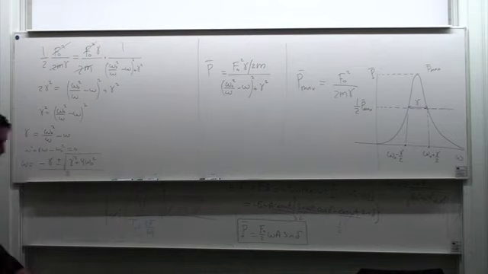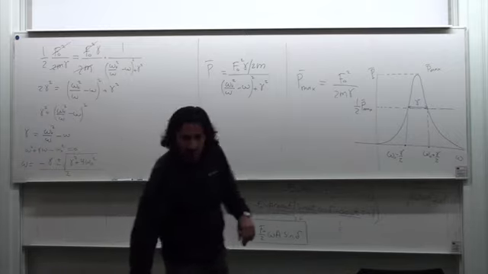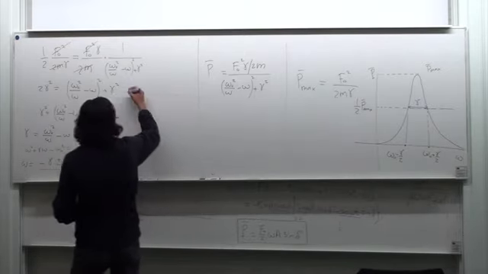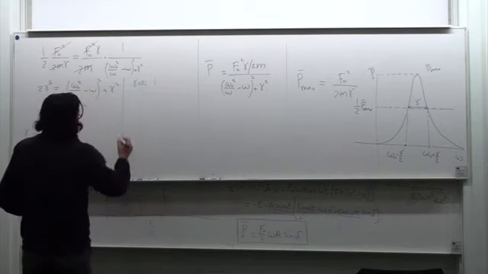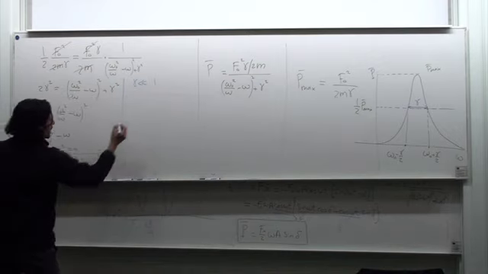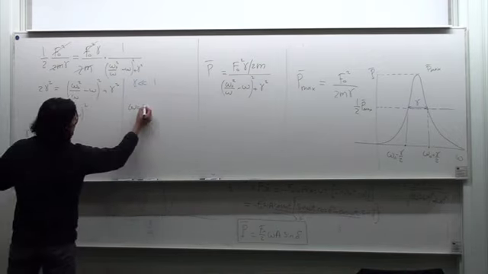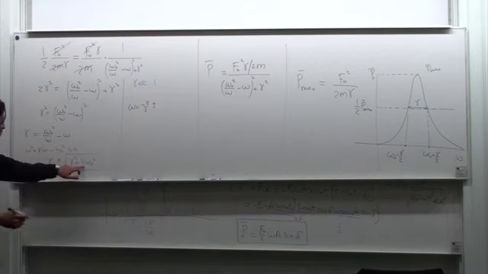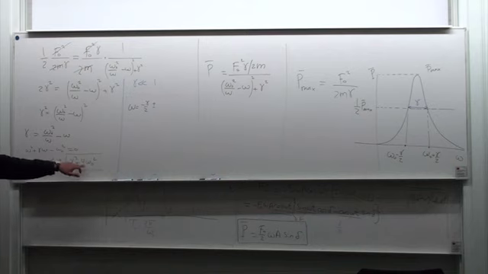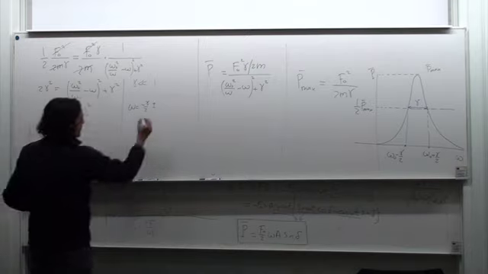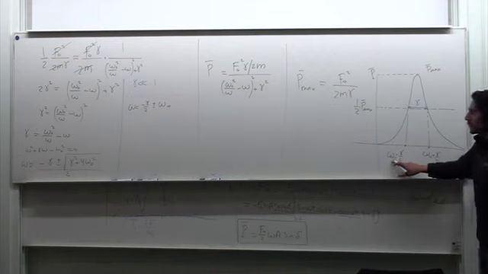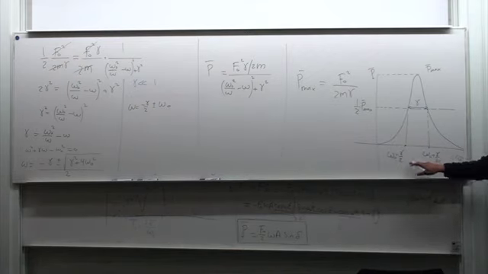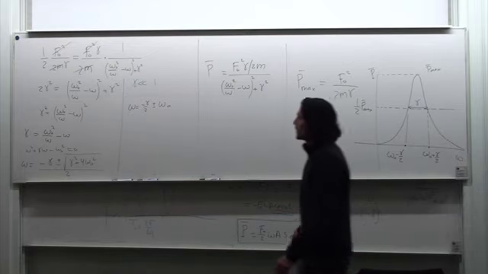Right, we're almost there. Now we make use of the assumption that gamma is much smaller than 1. So omega equals minus gamma over 2 plus or minus the square root of 4 omega 0 squared, that is 2 omega 0, divided by 2 is just omega 0. Okay, so omega is either at omega 0 minus gamma over 2 or at omega 0 plus gamma over 2.